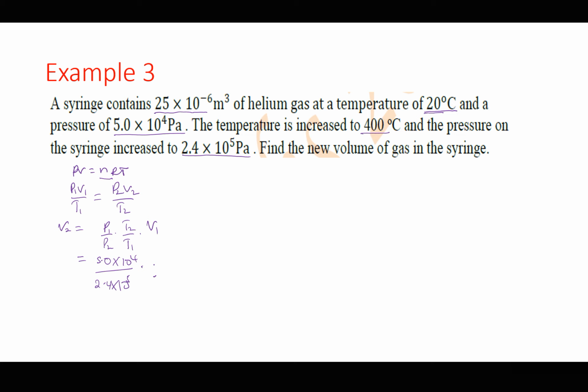The temperature must be in Kelvin units. T2 will be 400 plus 273 divided by T1, which is 20 plus 273. Then I multiply this by the first volume, which is 25 times 10 power negative 6.